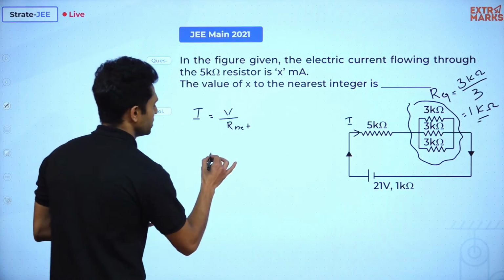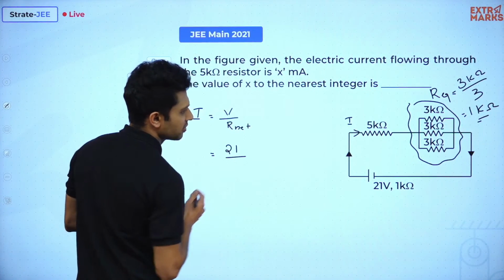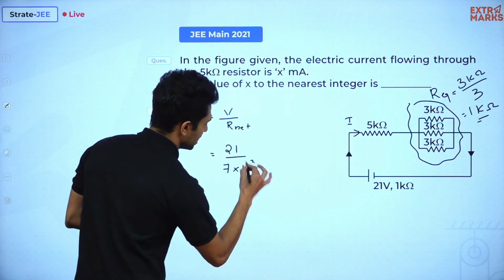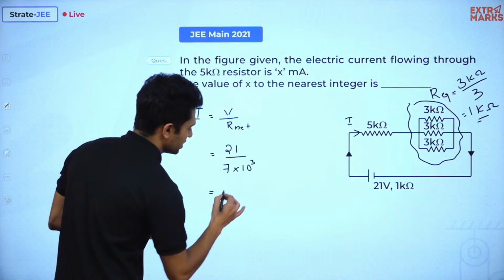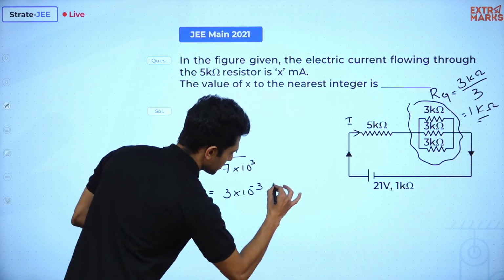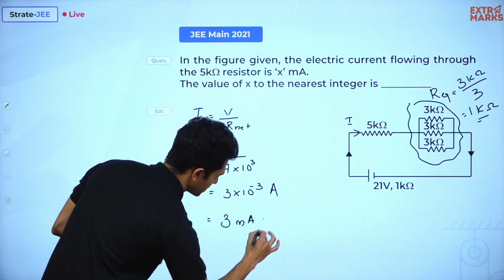So what is left? Nothing, just substitute the value. That is 21 divided by 7 kilo ohm. Don't forget to put 10 power 3 out there. 21 by 7 is 3 into 10 power minus 3 amperes, which is equal to 3 milliamperes.